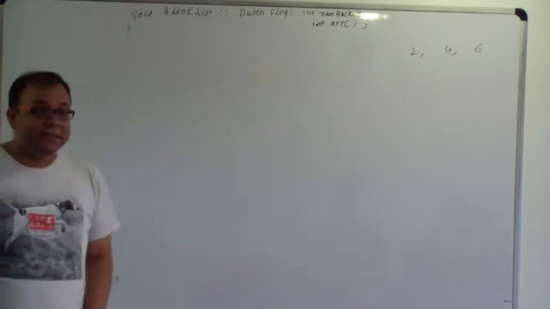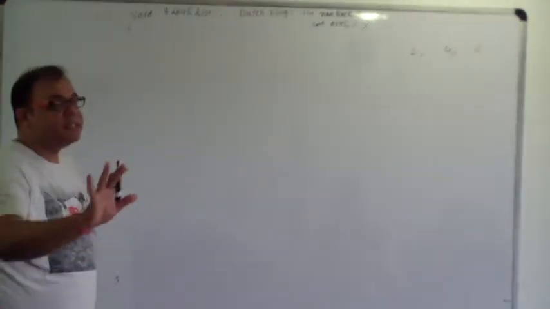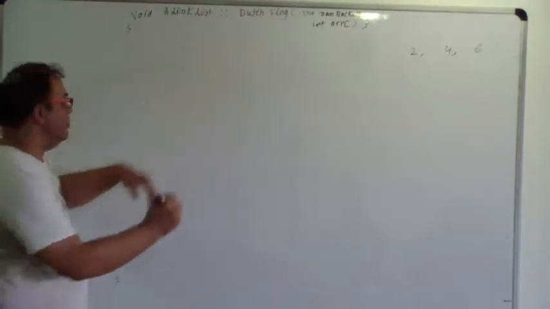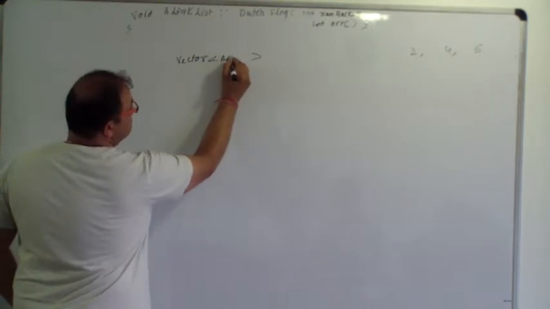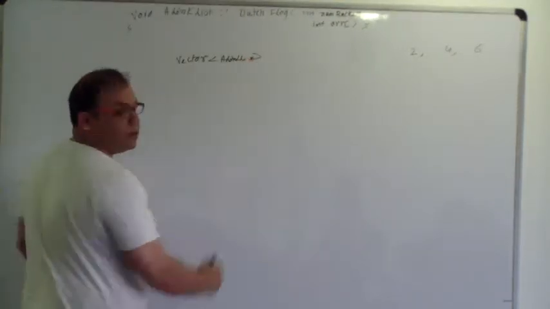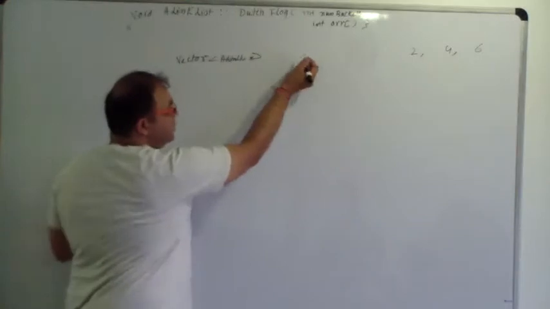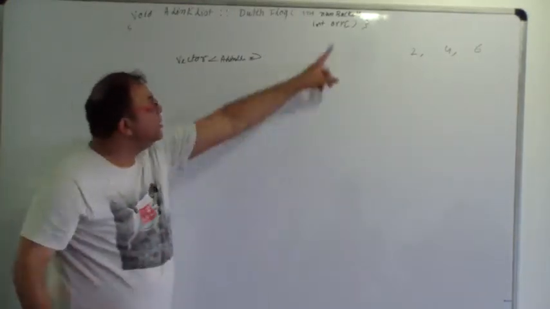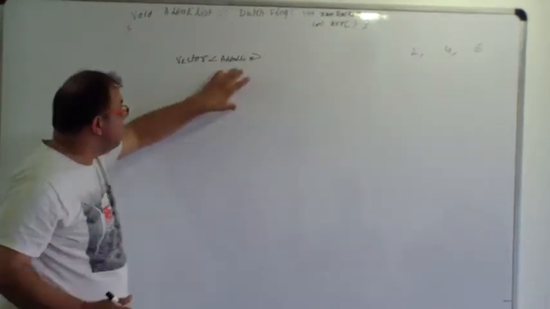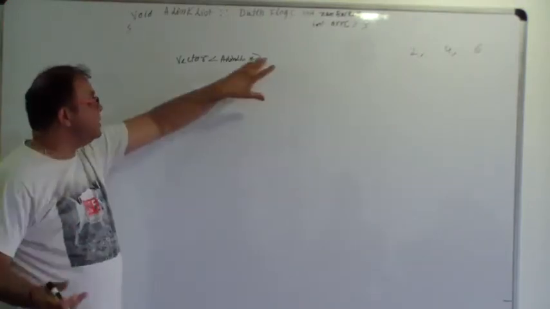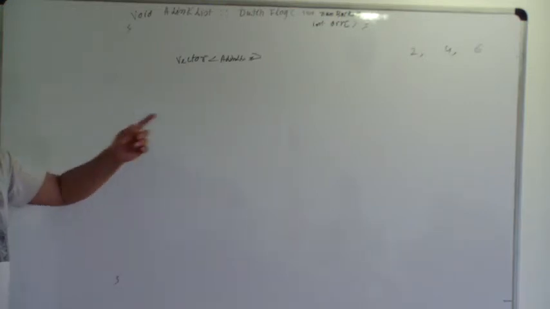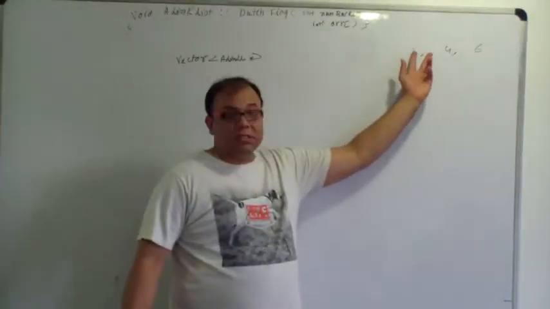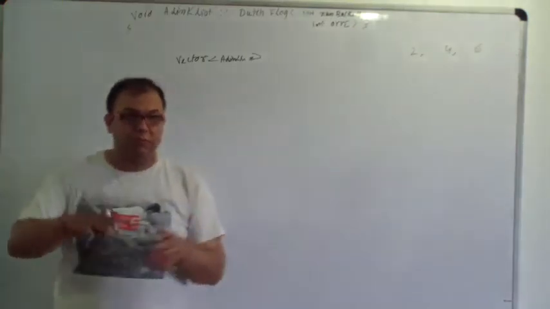I think this can be homework for everyone. This can be homework, but this is easy. What you need to do is take a vector of linked list star, and then you define the number of buckets, and then you go for a for loop, initialize each one to null, and then you go in a while loop, and in the while loop you check if the number is between these two, and figure out the bucket.